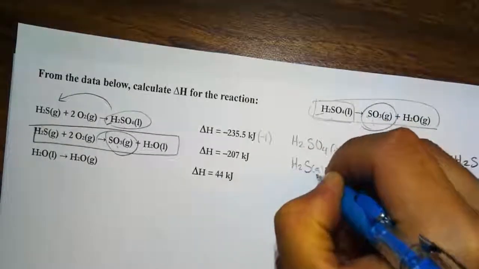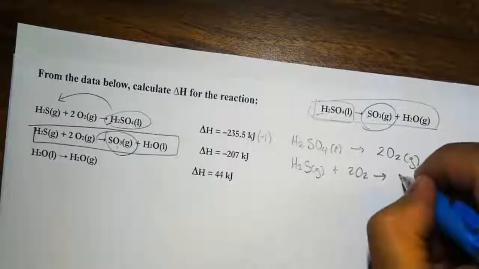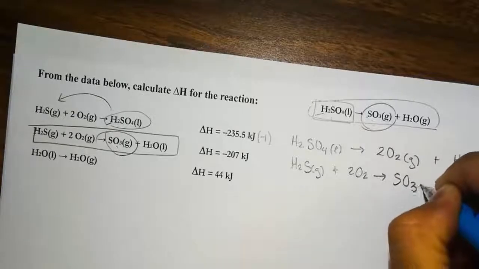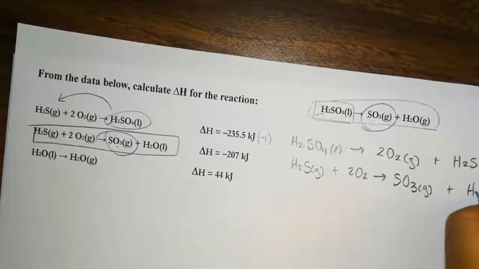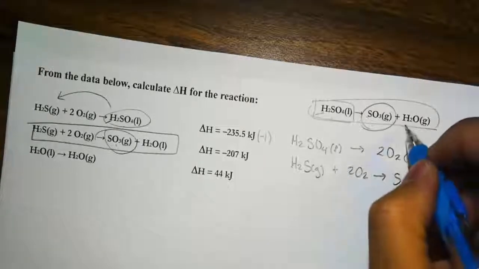H2S gas plus 2O2. So that we can cancel out easily, right? SO3 gas plus H2O liquid. And we don't have to do anything to it.